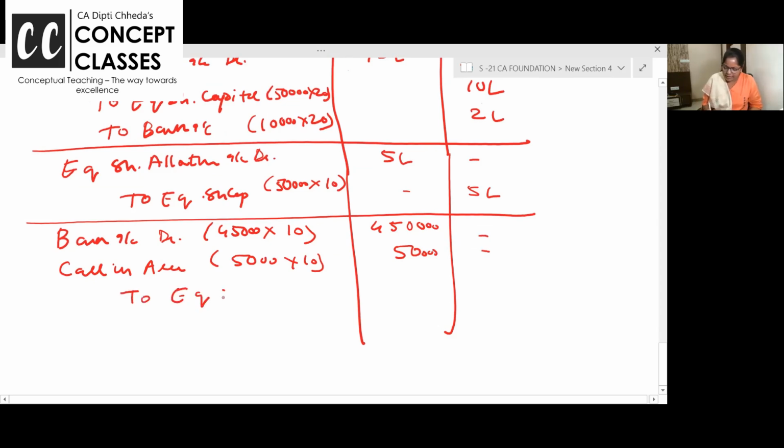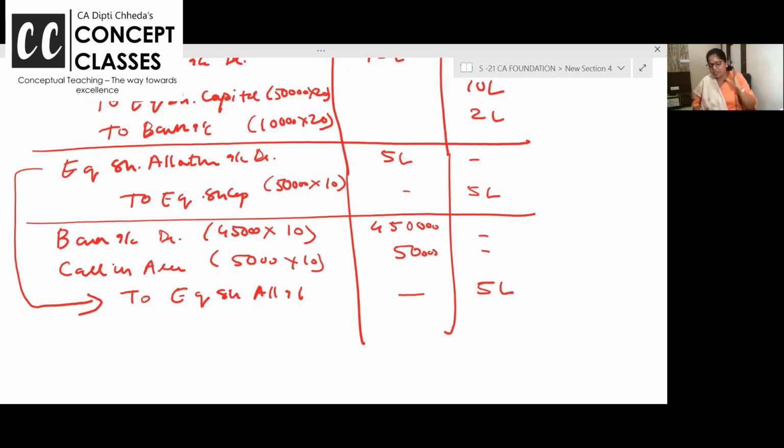To equity share allotment account. If you want, you can put an arrow mark. 5 lakh has become due. Out of 5 lakh, 4.5 lakh has been received. Remaining we have put in call in arrears. So this is finished. Done.